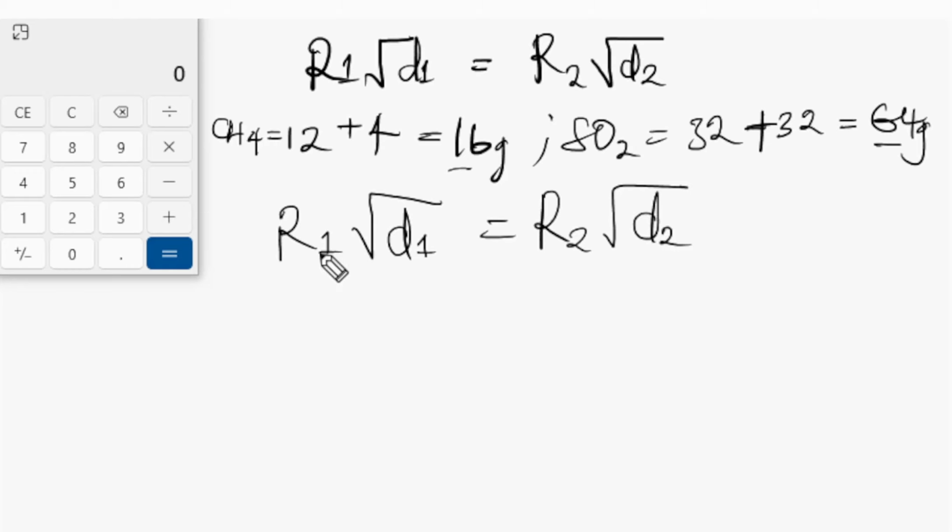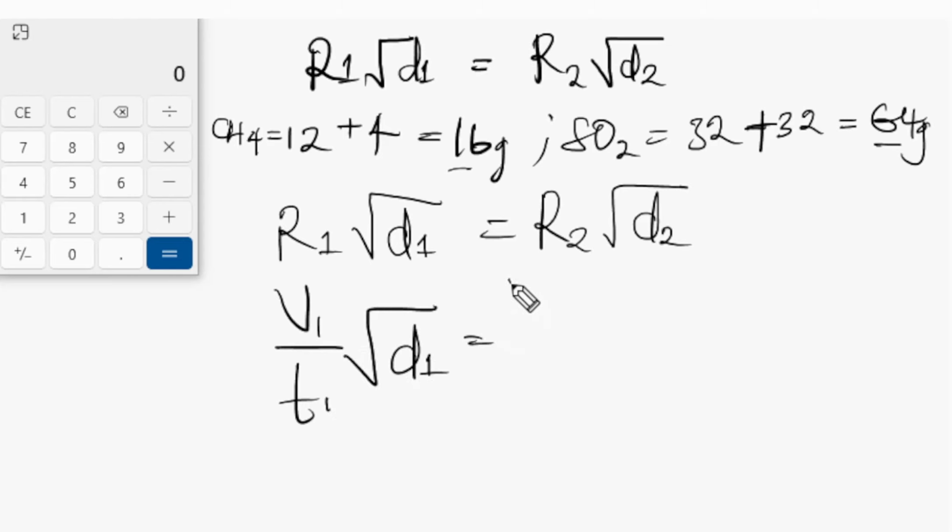But then guys, we're going to substitute our R to be V over T. So in this case, you're going to have V1 over T1 root D1 to be equal to V2 over T2 root D2. So guys, at this point, we're going to substitute every other thing here.